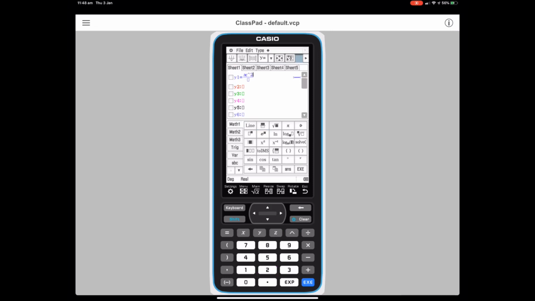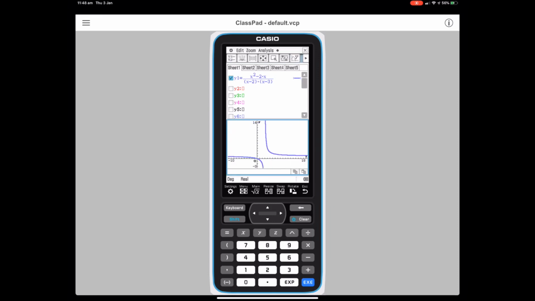x squared minus 2x, x minus 2, x minus 3. Now, you can see here that this graph itself looks like it's undefined. Well, it's undefined at 3, but if we go analysis, trace, and we go to the point 2, can you see there it says 2 undefined?